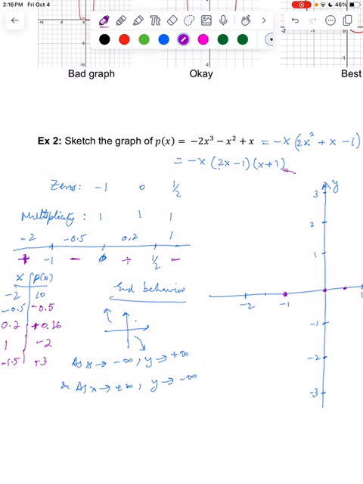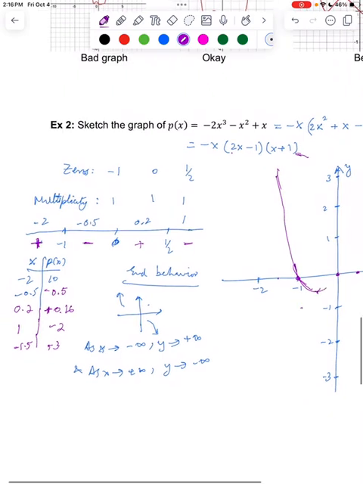So coming down like this, when we arrive here, it should cross the x-axis and go down. And at -0.5, we found the value -0.5. So we are here, so it means we can turn like this and come back to the next zero, which is at 0, coming straight, not doing this.